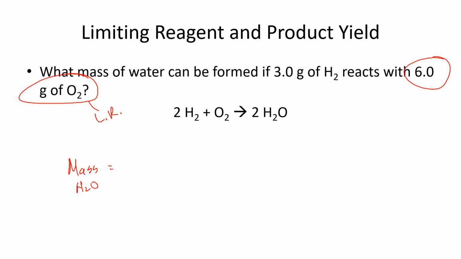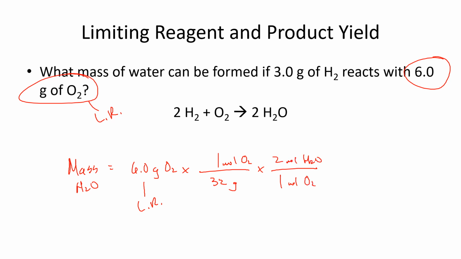Just use your normal factor label method. We'll use the 6.0 grams. You always want to start with your limiting reagent, and that was our oxygen, 32 grams per mole of oxygen. The ratio is 1 mole of oxygen to 2 moles of water, and then water, of course, is 18 grams per mole.